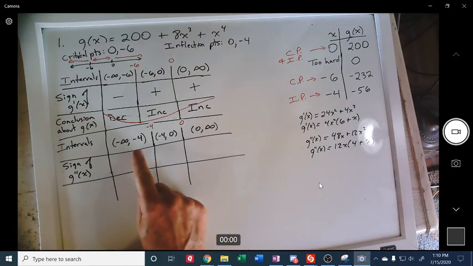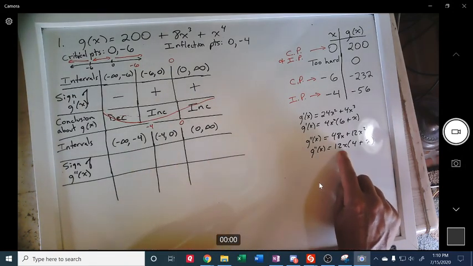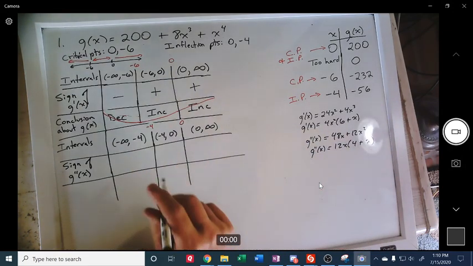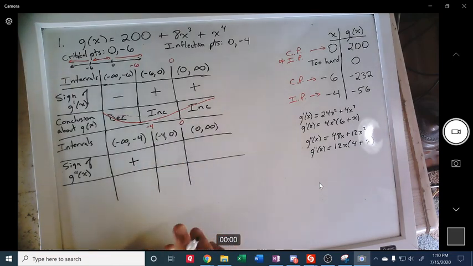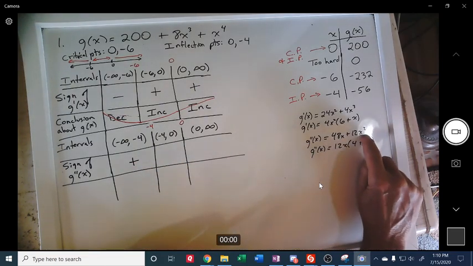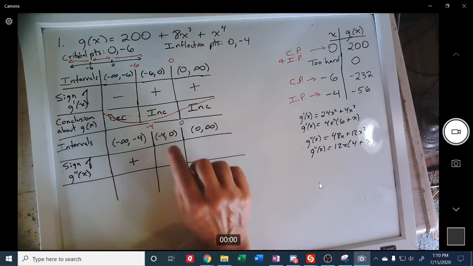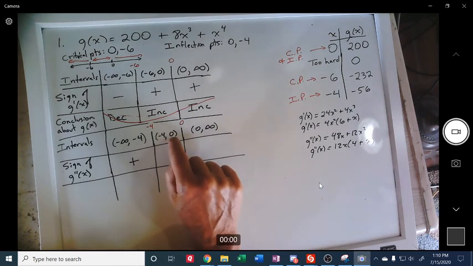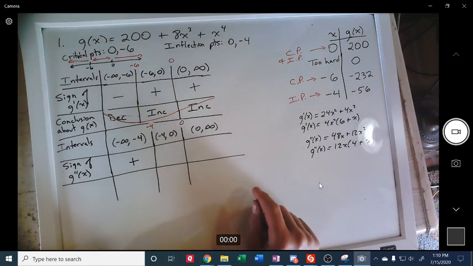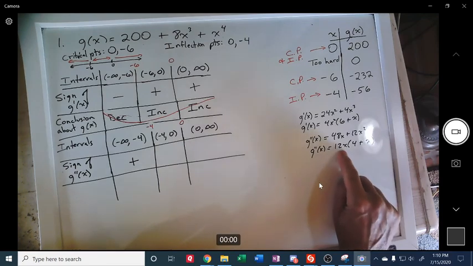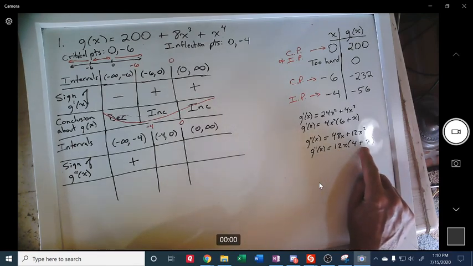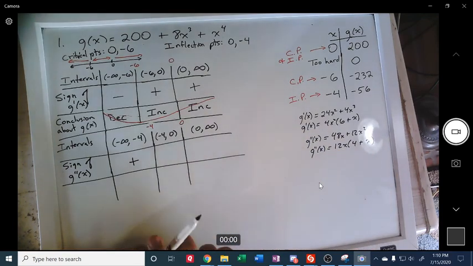Well, let's pick like negative 1,000. I would get a negative times a negative, making positive. Could have also just plugged it in up here and seen that's the dominant term, it's going to be positive. If I plug in a number between negative 4 and 0, let's say negative 2, I would get a negative times a positive, which is negative.